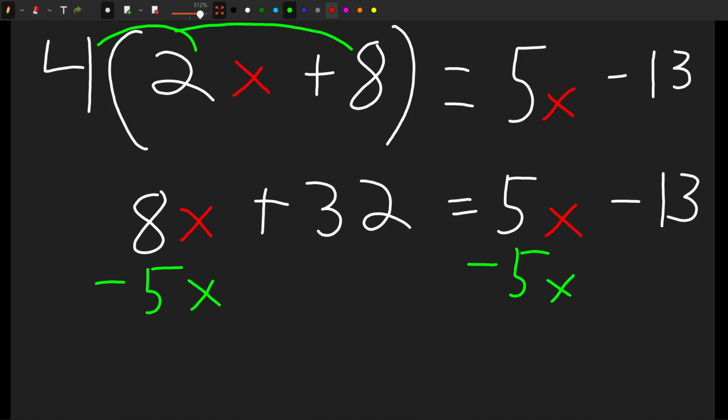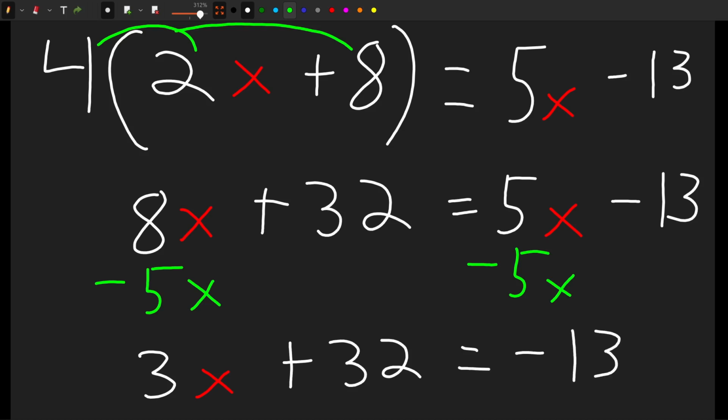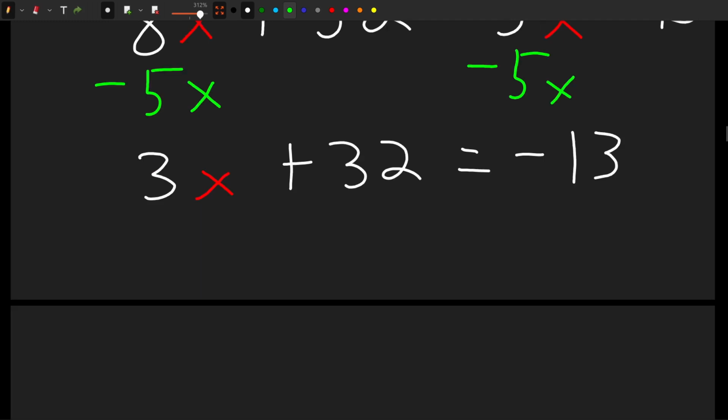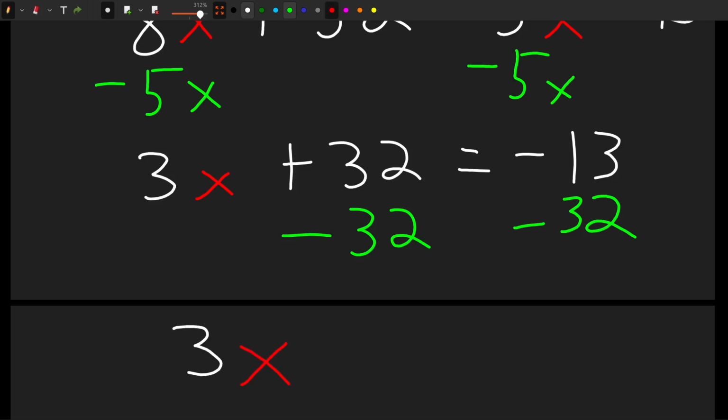So 8x minus 5x is 3x plus 32 is now equal to negative 13. And so in this case, I'm going to subtract 32. And so on the left-hand side, I'm going to have 3x is equal to negative 45.